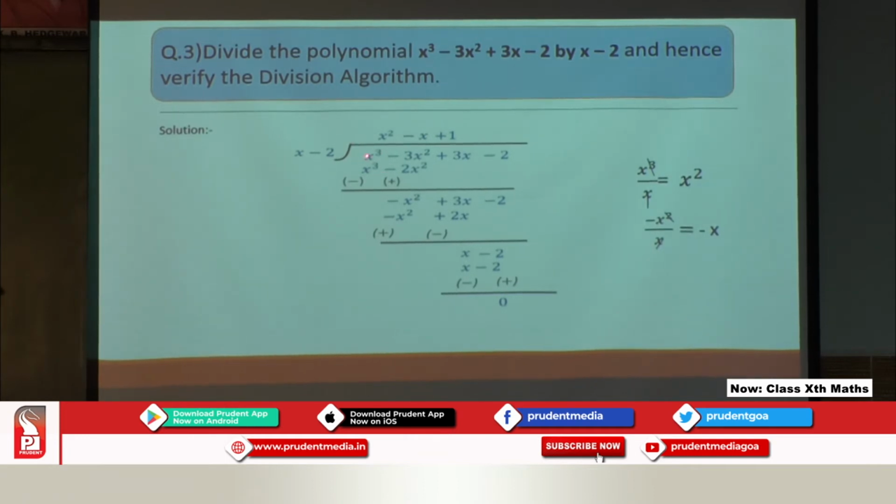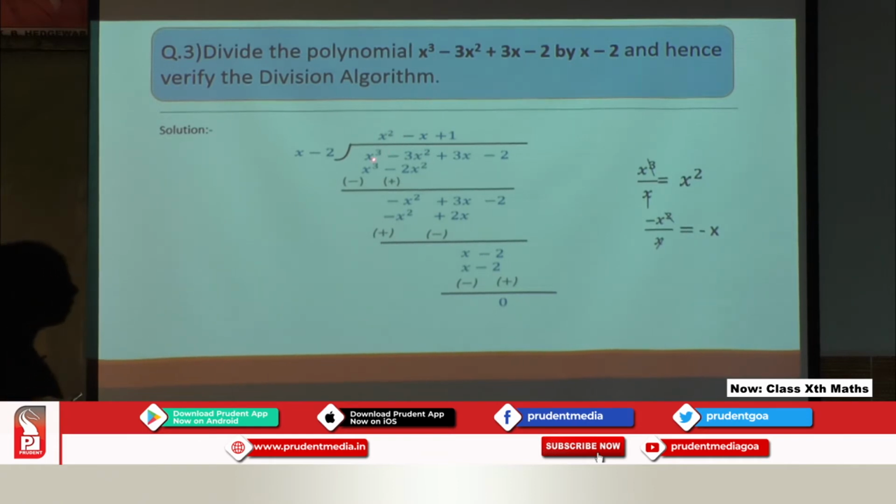Now see, the first term of the dividend is x cube and the first term of the divisor is x. So x cube divided by x; x and x cancel, and we get x square. This x square is the first term of the quotient.